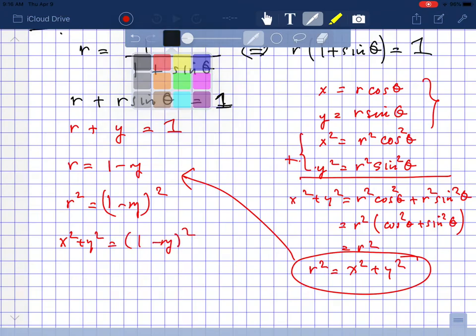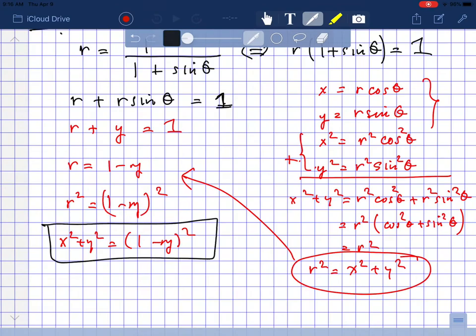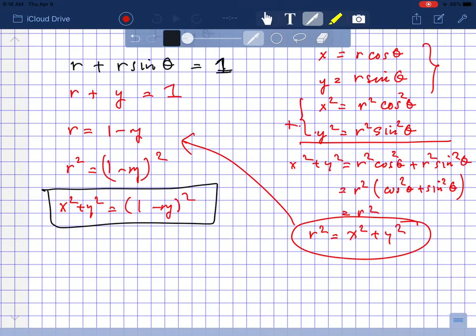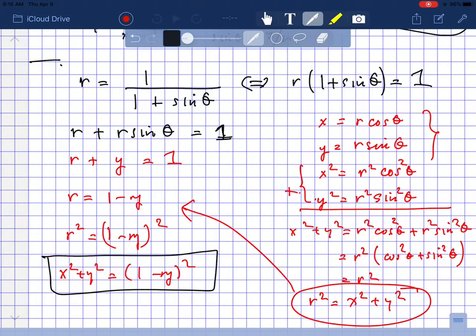And there we have it. So here's the rectangular equation that's equivalent to this equation in terms of polar coordinates. Okay.